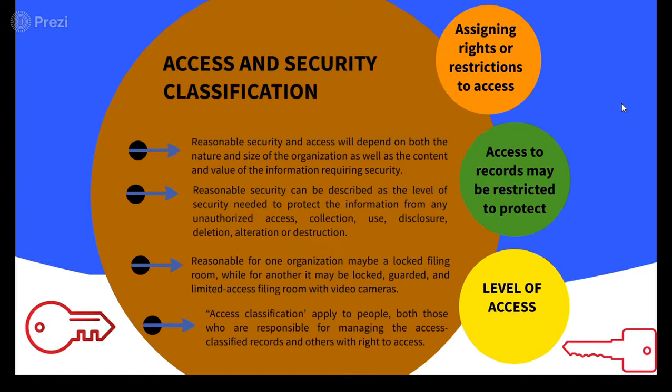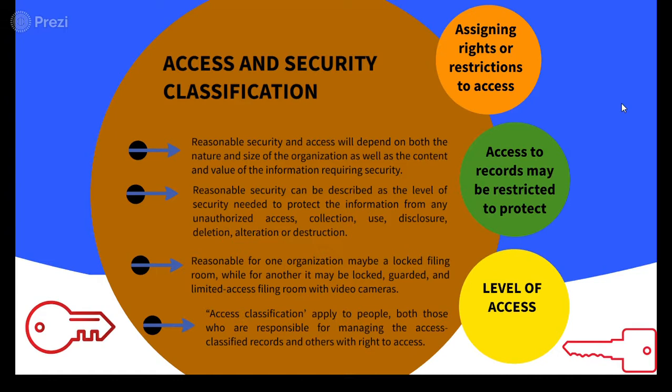Reasonable security can be described as the level of security needed to protect the information from any unauthorized access, collection, use, disclosure, deletion, alteration, or destruction. Reasonable for one organization may be a locked filing room, while for another it may be a locked, guarded, and limited access filing room with video cameras.